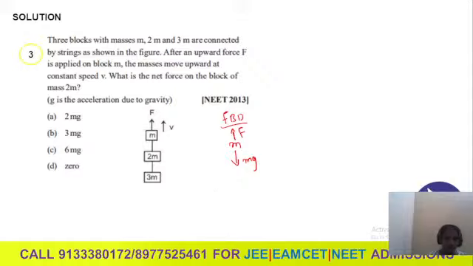But this total applied force, we can say from the figure, will be equal to 6 mg. And now on the 2m mass, upward tension will act, let it be T, and where the masses are different, let us take T dash.